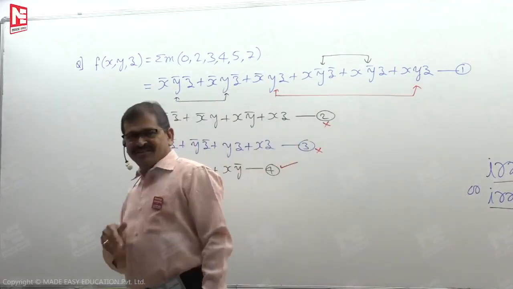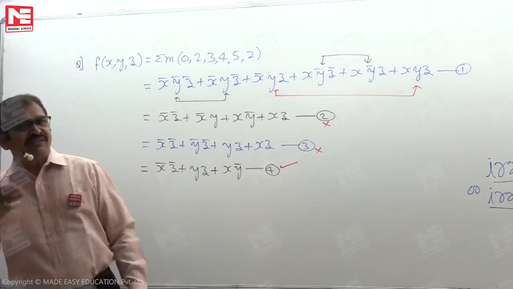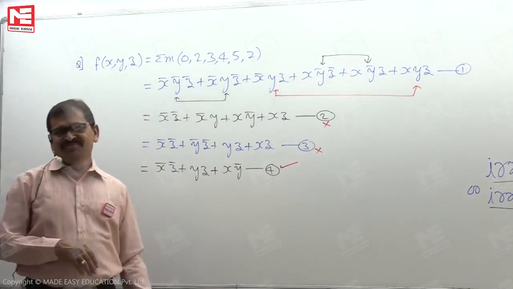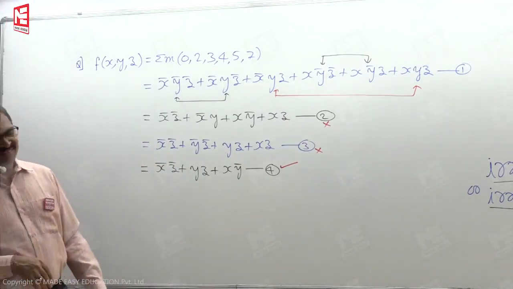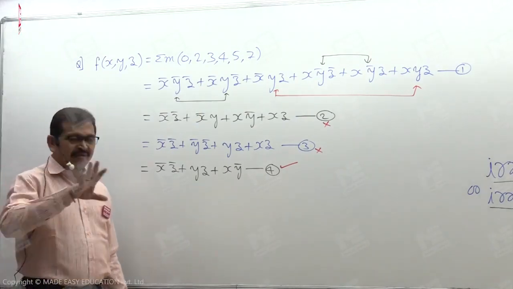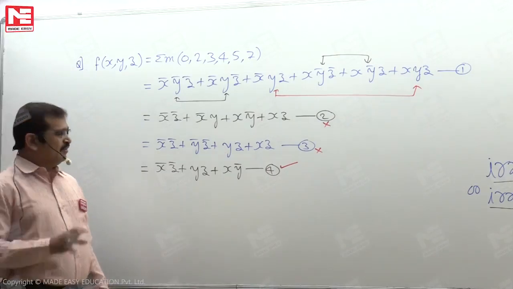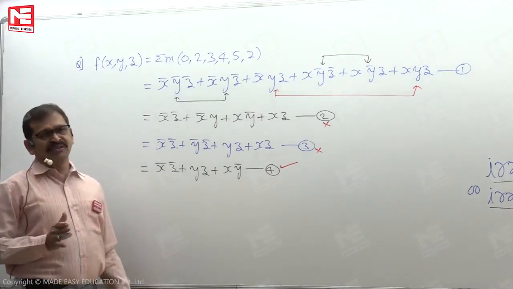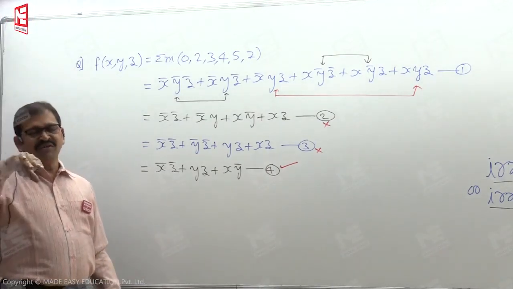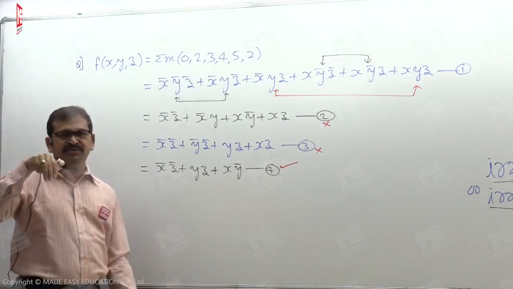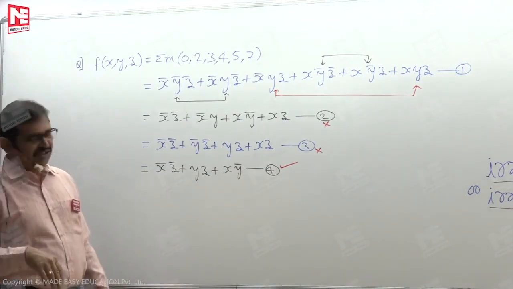My statement is only that you can't reach any expression with fewer than 3 terms. So if you accept my statement, then for realizing this function we need an expression with a minimum of 3 terms.